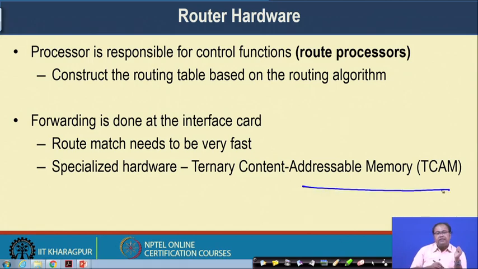With this TCAM memory, we make a hardware match with the routing table for a fast lookup. The route match needs to be very fast. In the example I gave, if you have a 100 Gbps line and a 1 Mbps packet size, on average you have to process a significant number of packets per second at every network interface.